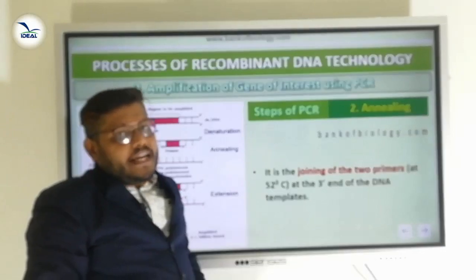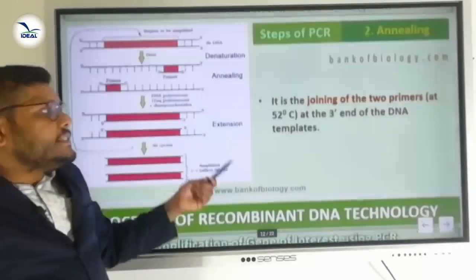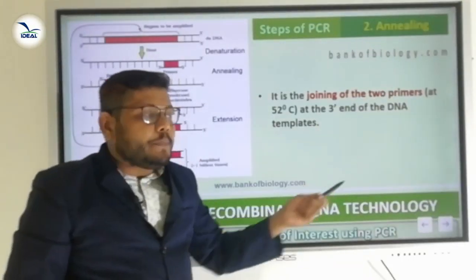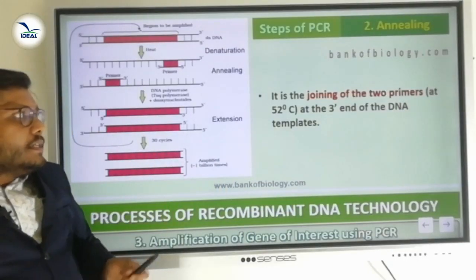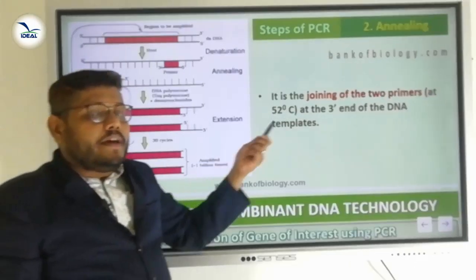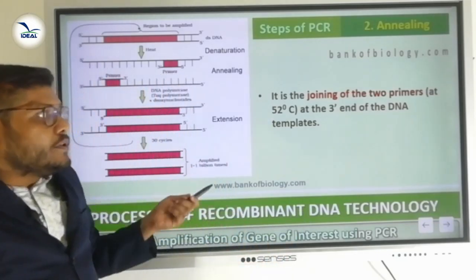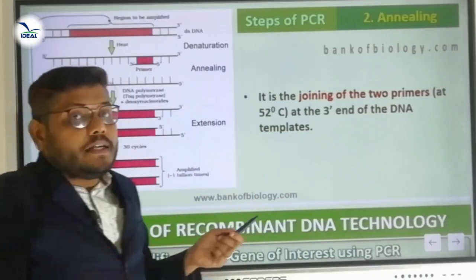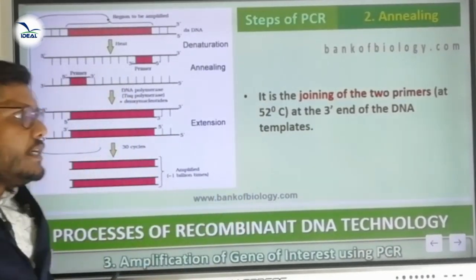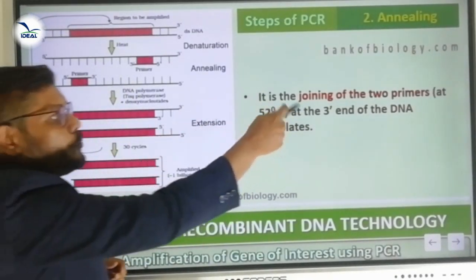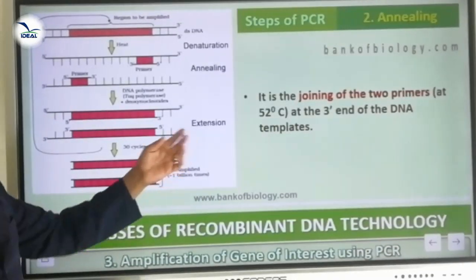Next step is annealing. What is annealing? It is the joining of the two primers at the 3' end of the DNA template. For denaturation, we need a high temperature. For the annealing process, we need a very low temperature, at 52 degrees Celsius. After denaturation, we got two single-stranded DNA templates. After that, we add two primers at the 3' end of the DNA template.